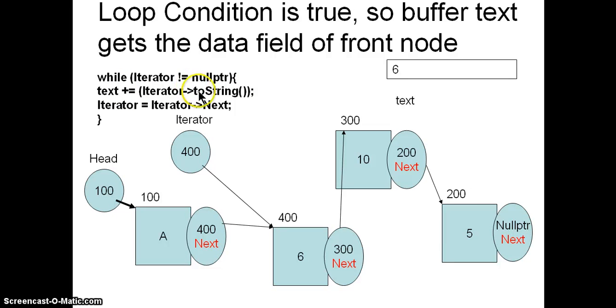So meaning of that is that take the data member of that node to which iterator is pointing to, like here, and whatever the data member value is, add that to this buffer called text, and that's what happens. This buffer called text gets the value 6, which is the data member. Okay.